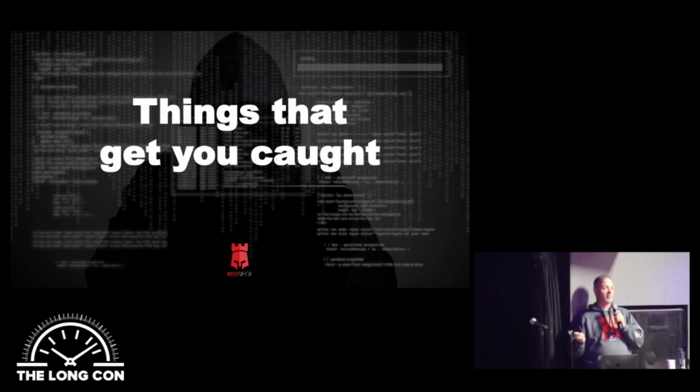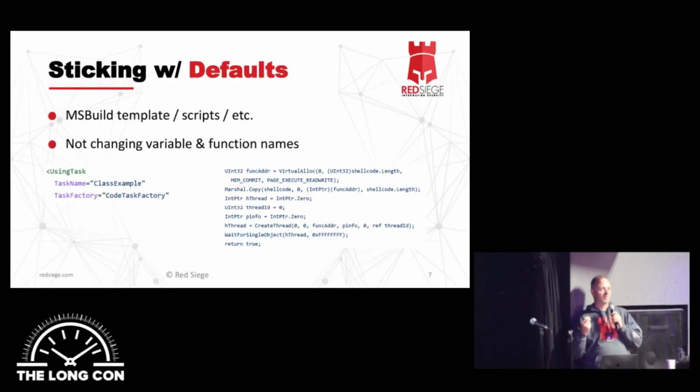Anyone here familiar with the MSBuild technique? Know what the MSBuild technique is for code execution? All right, we got one person. So the MSBuild technique has this common template that people use. The 3G student template is where people start a lot. And it works great.